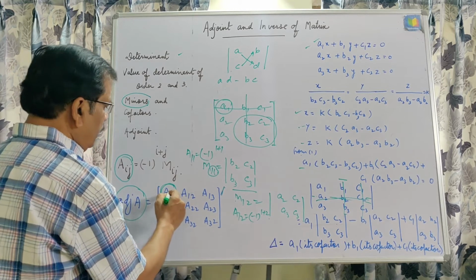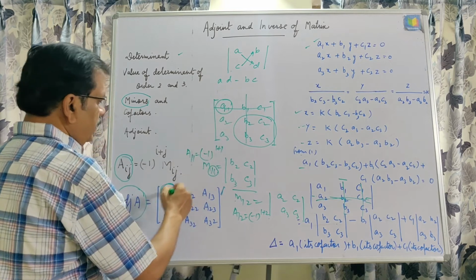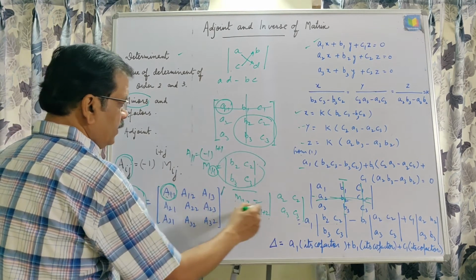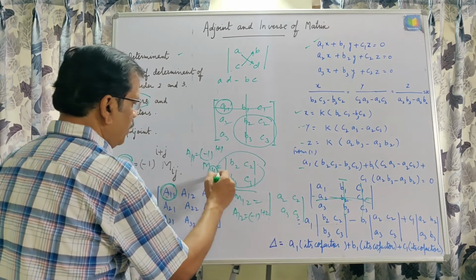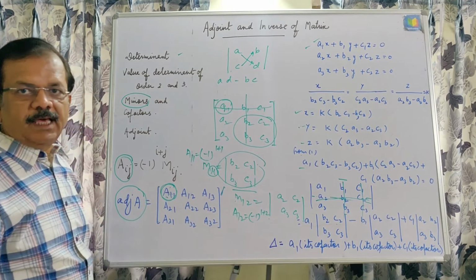Suppose for a while there is another number here, A1. Then the minor of this value is coming, and then the cofactor is coming: minus 1 to the power 1 plus 1, this value, and that will be represented by capital A11.